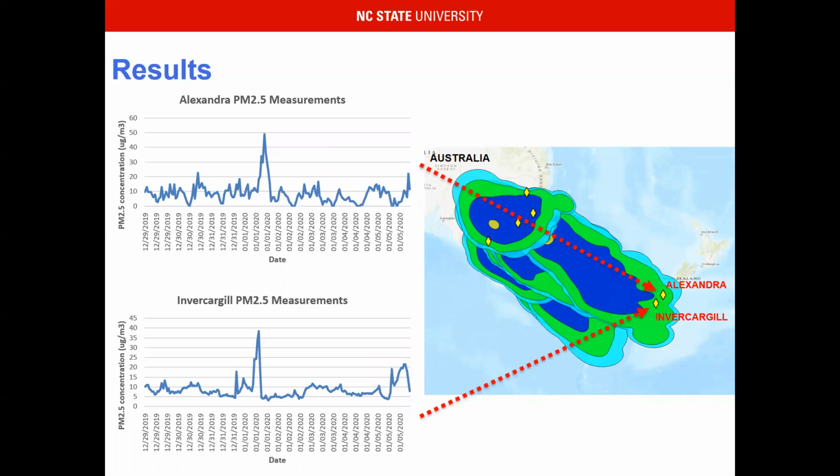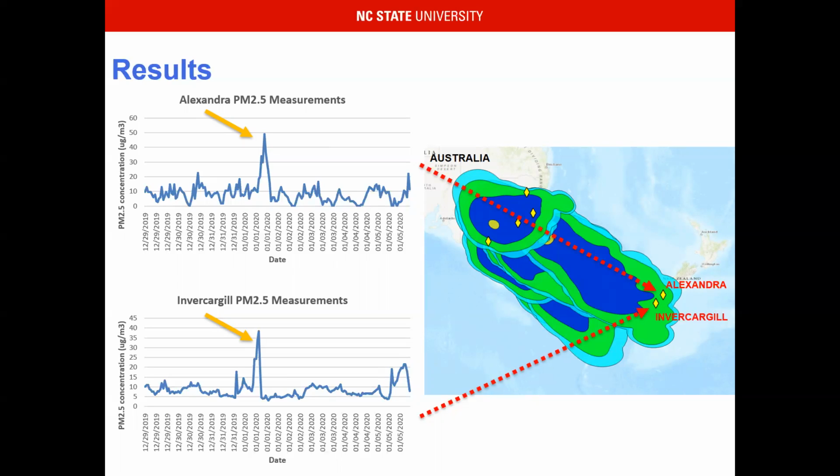The New Zealand monitoring site was much less affected by the wildfire plume because of the distance, of course, but an increase in PM2.5 concentration is still seen in the graph. Only on the 1st of January did the wildfire plume reach the New Zealand area, and peak PM2.5 was measured as 40 and 50 micrograms per cubic meter.